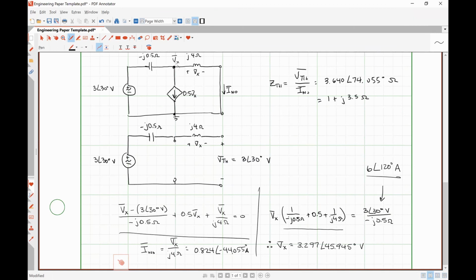Looks good to me. Yeah, I mean, I'm just applying the basic DC steady state circuit analysis tools that we used for, you know, gosh, the first month and a half of Circuits 1, and applying it in these sinusoidal steady state problems where I can treat everything as a DC circuit as long as I'm using the phasor domain stuff.